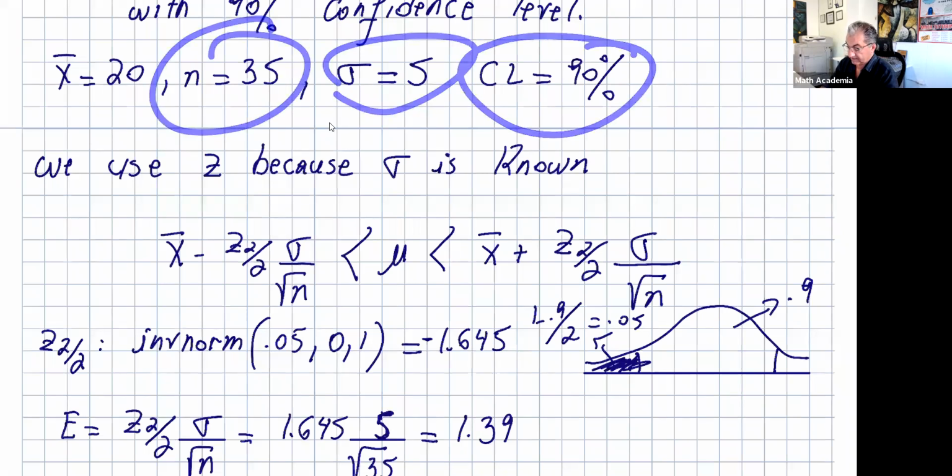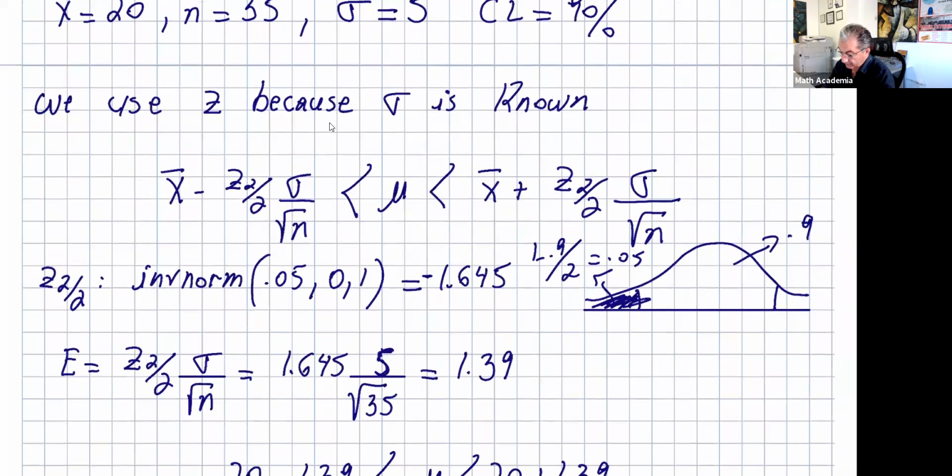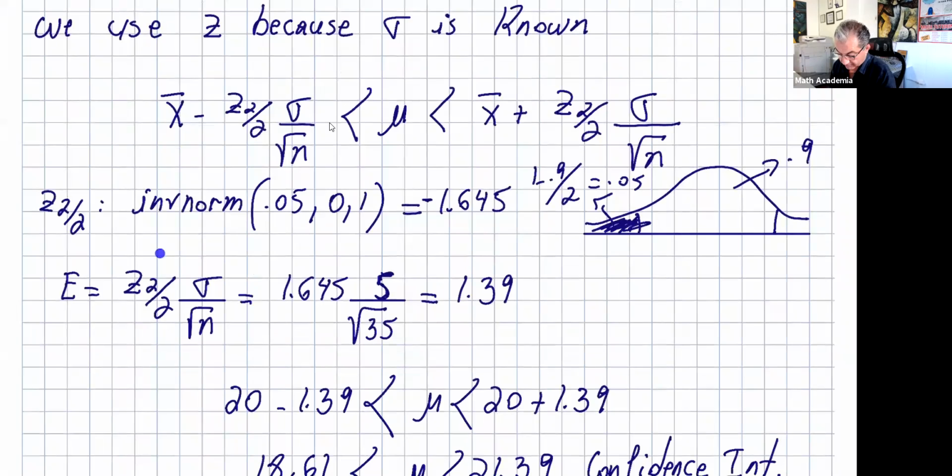We have to find z sub alpha over 2 for 90%. If you remember, we said it is 1.645. If you forgot, one more time, this area is 0.9. The area in the tail is 1 minus 0.9 divided by 2, which is 0.05. You can do inverse norm of 0.05, you get negative 1.645.